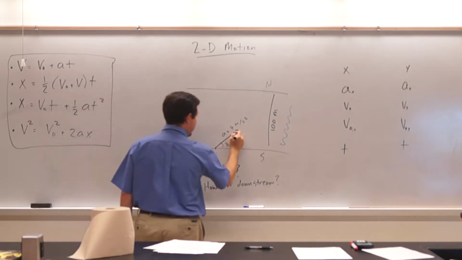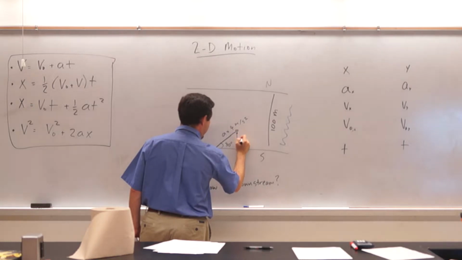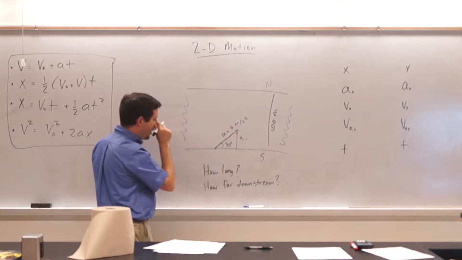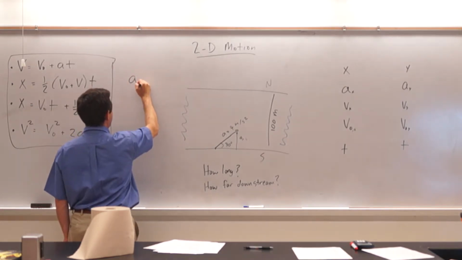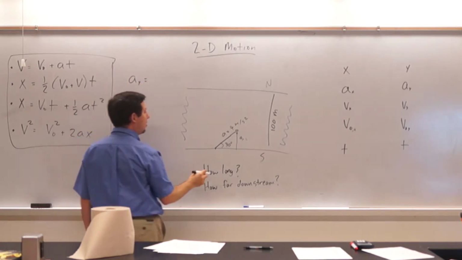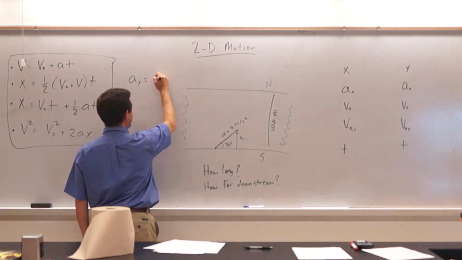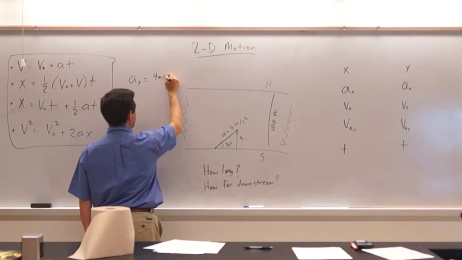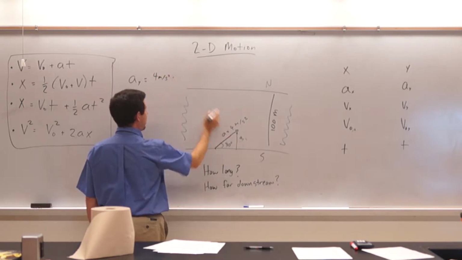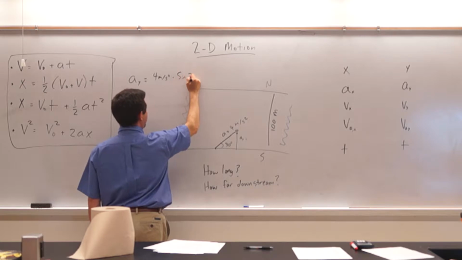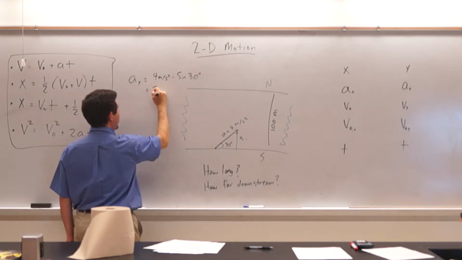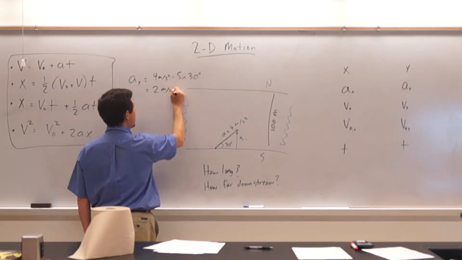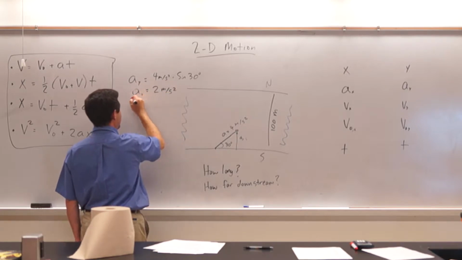If we look at it right here, it's going to have an a sub y. And that a sub y, I'm going to write it here, is going to equal 4 meters per second squared times the sine of 30 degrees. So that ends up being 2 meters per second squared for a sub y.